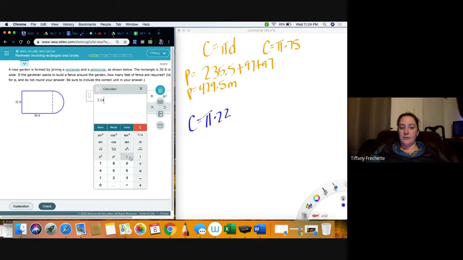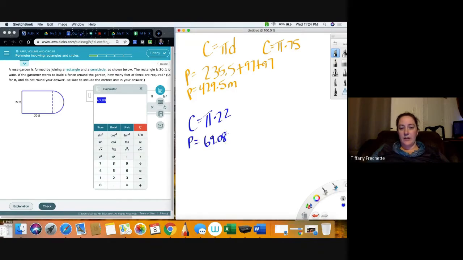3.14, because remember, they don't want us to use pi, they want us to use 3.14, times 22 equals, so we get, and I'm going to start writing perimeter here, 69.08 plus, now we want to add all the other pieces.